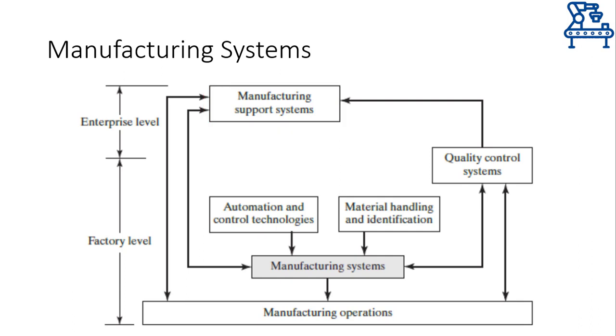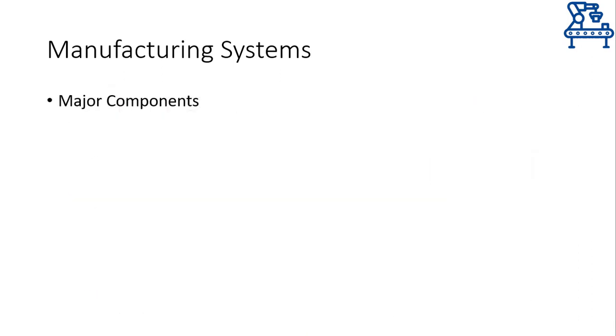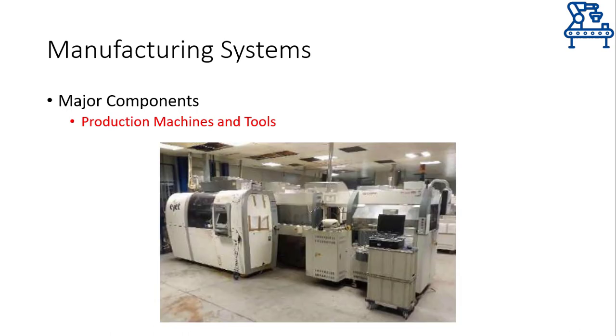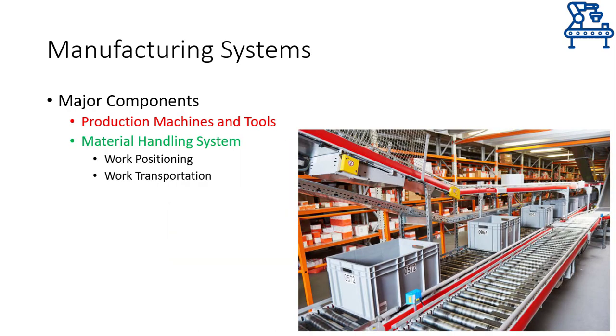Let us dive into the discussion of manufacturing systems and see what makes it up, what the different components are, and how they work in coordination with each other. So, a typical manufacturing system has four major components in it. The first component is, of course, the production machines and tools that will physically perform the operation on the work units. The second component is the material handling system.